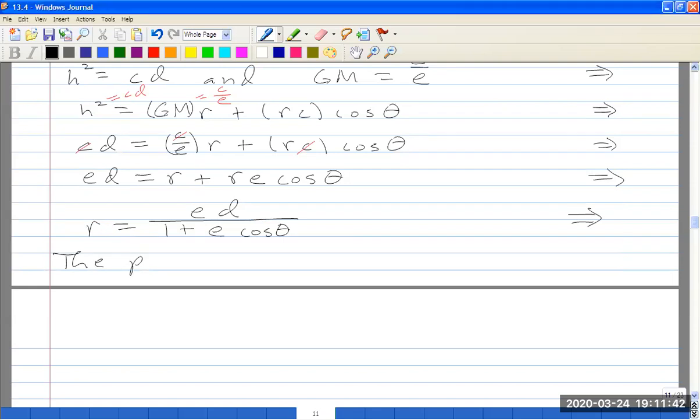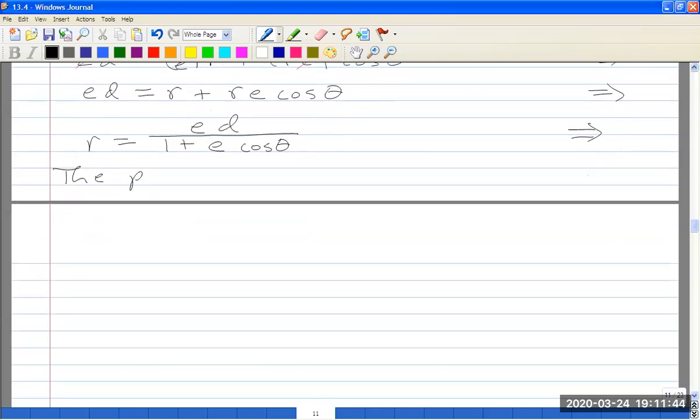Okay, so the path of a planet? Well, this says that it's some sort of conic section.